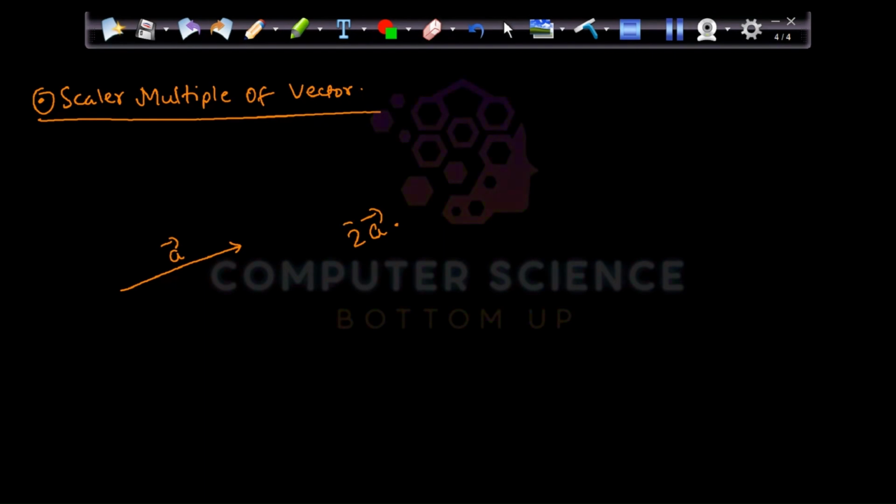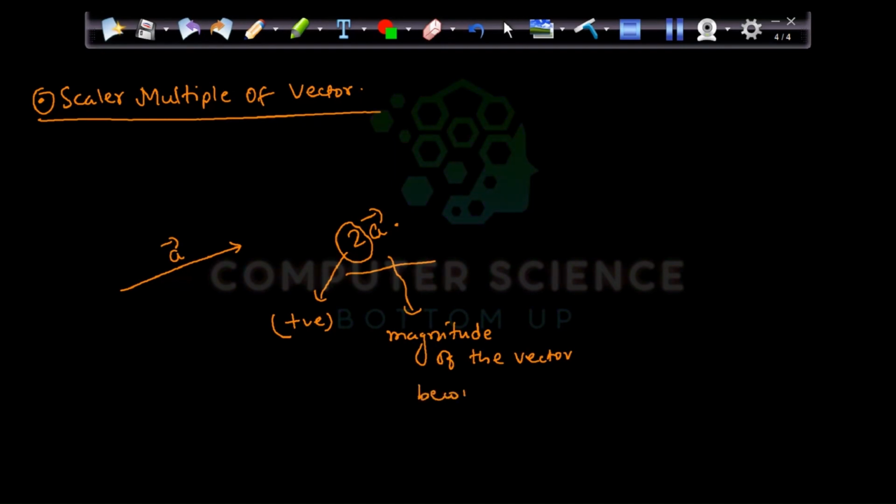If this scalar is positive, the magnitude of the vector becomes double. And because it is a positive number, the direction remains the same.